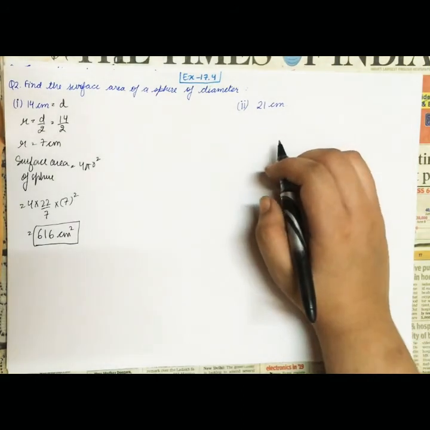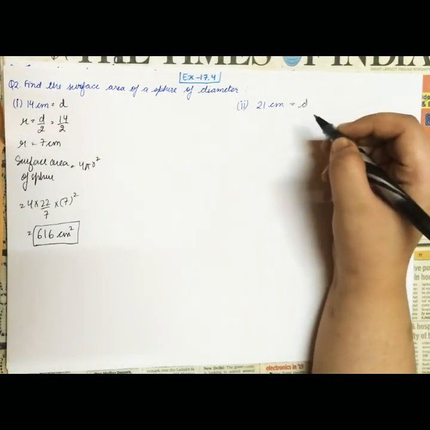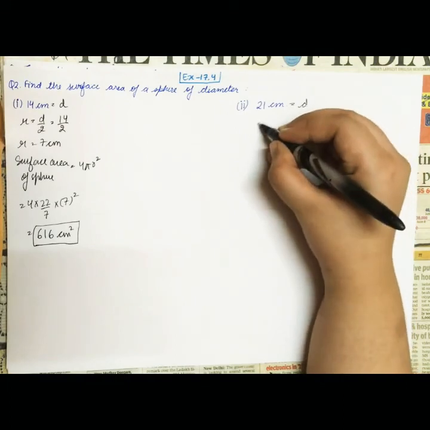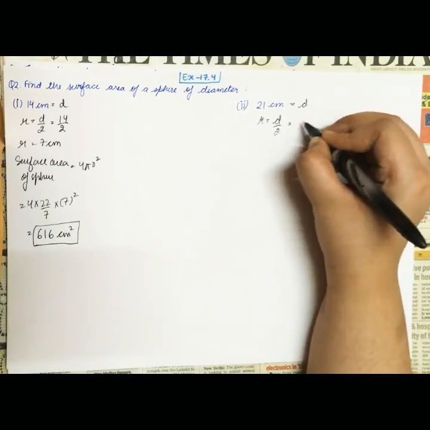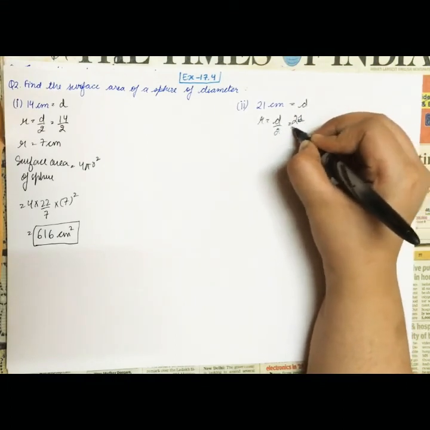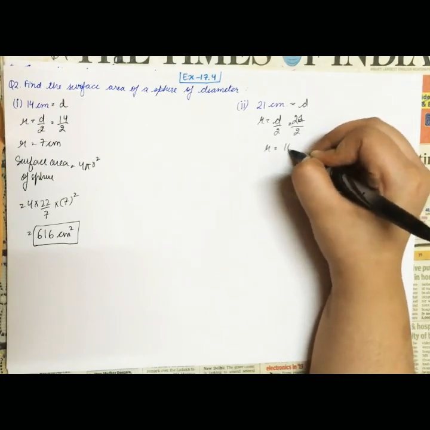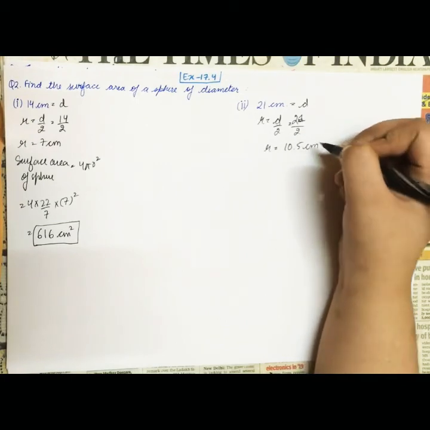Second part, here diameter is 21 centimeter. Therefore, its radius will be diameter by 2, which is 21 centimeter by 2. Radius is equal to 10.5 centimeter.